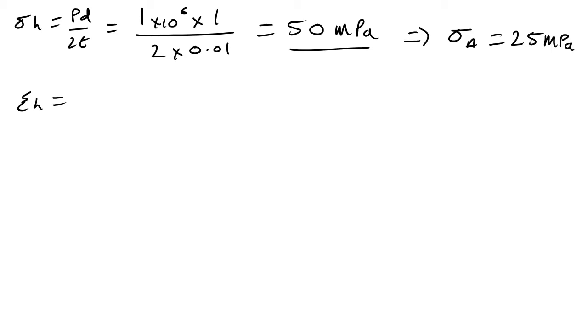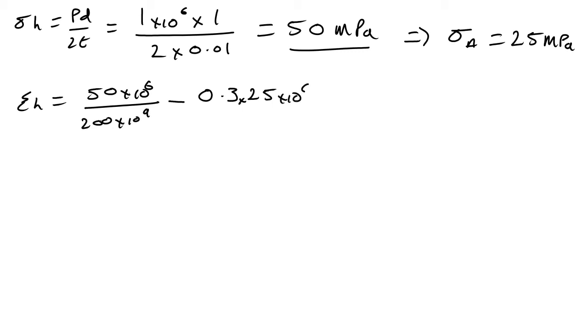And we can use this relationship which we've just mentioned for our volumetric strain. First of all, we need to work out what the hoop and axial strains are. So that's going to be our hoop stress, which is 50 megapascals, over our Young's modulus, which is 200 times 10 to the 9, minus our Poisson's ratio, which in this case was 0.3, multiplied by the axial stress, which is 25 times 10 to the 6, again all over our Young's modulus.